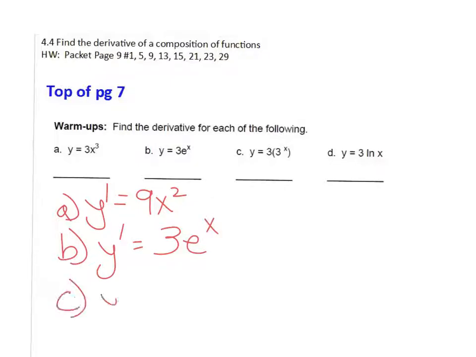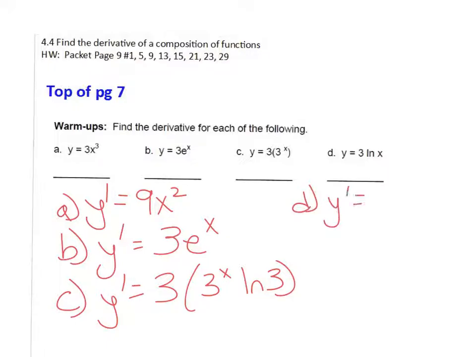For C, the 3 coefficient carries down, and then the derivative of 3 to the x is 3 to the x ln of 3. And then lastly for D, again the coefficient of 3 carries down, and the derivative of ln of x is 1 over x. So simplifying that, we get 3 divided by x.